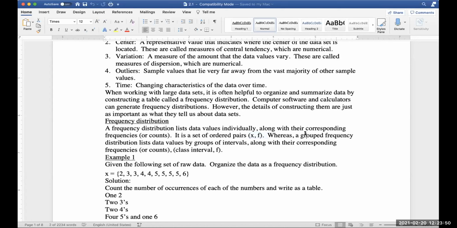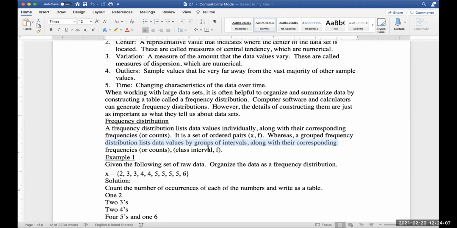A group frequency distribution lists the data by grouping them in intervals.